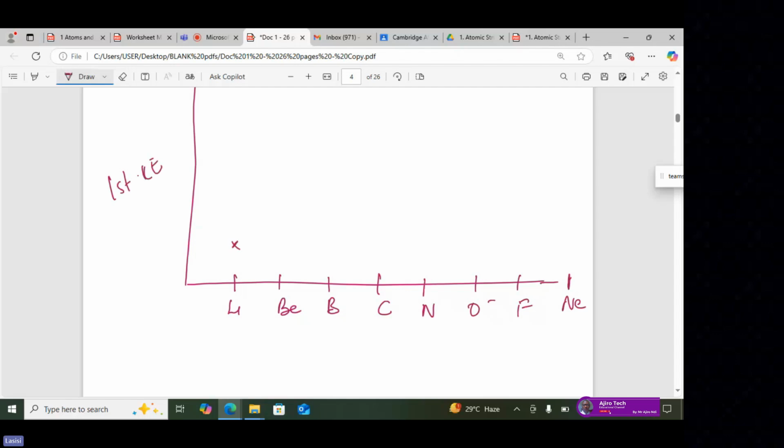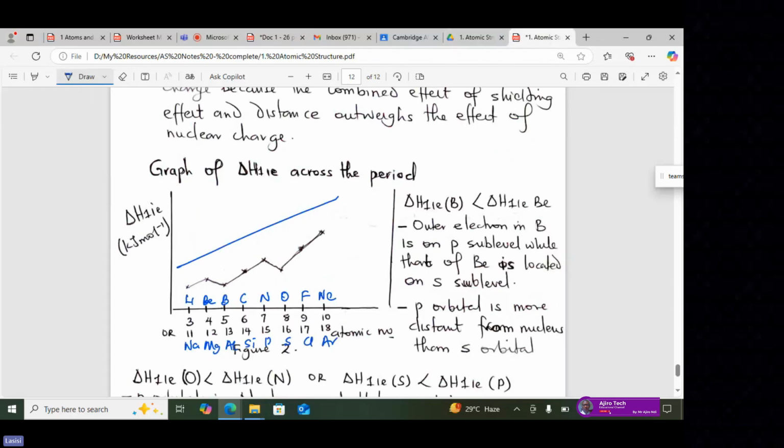How should it be? It should be higher, higher, still higher, a straight line. Am I right? That's what I'm saying. But is it exactly a straight line? No, it's not. Where do we have fluctuations? Between which element and which element?